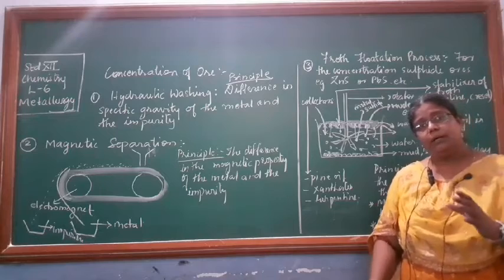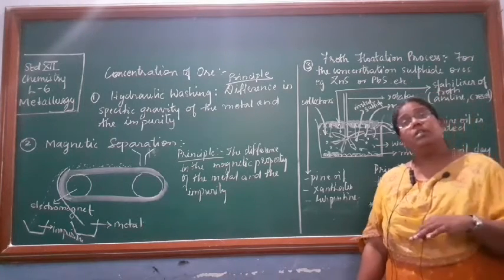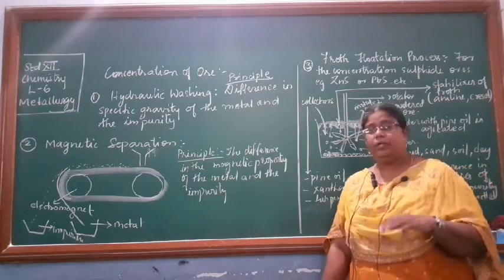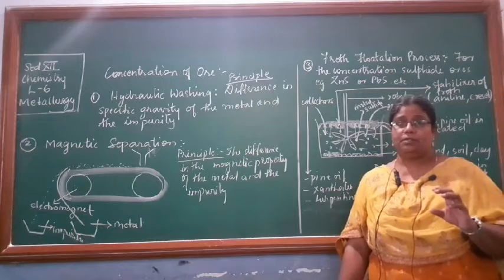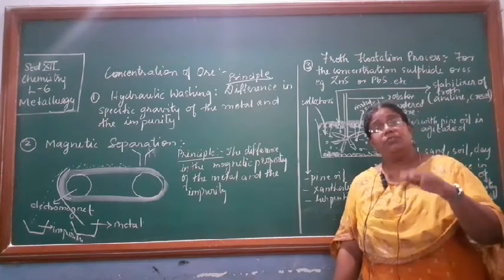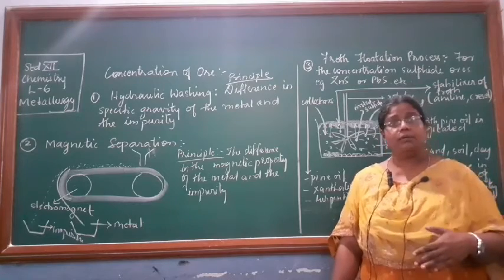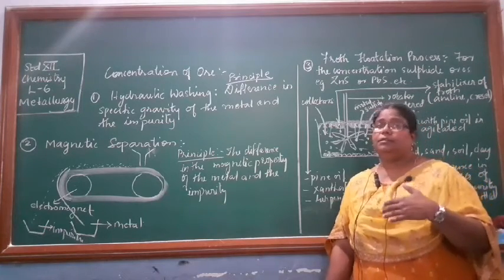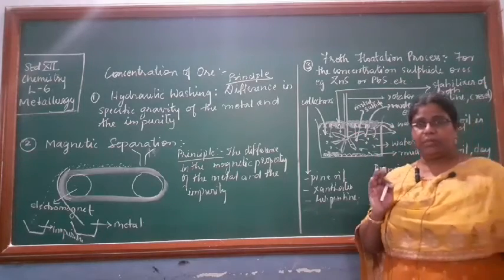We want only the particular metal sulphide to get stuck. Then what is the process you should be doing? Then you should add a substance called a depressant, where the depressant will bond with or make a complex with one of the metal sulphides, and only frothing of the required metal sulphide will take place.